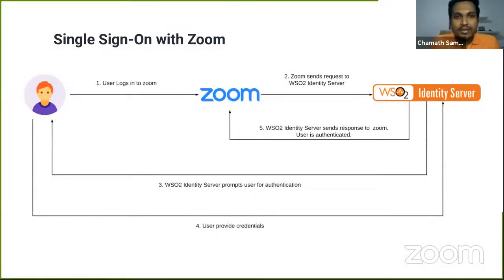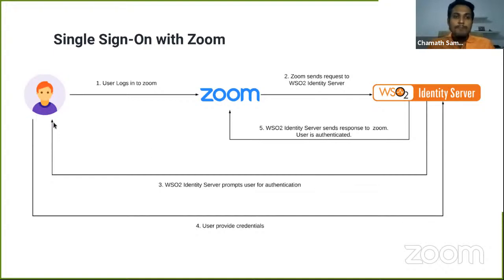This would be the basic flow of authentication when the user tries to log into Zoom when you have configured single sign-on. First, the user would log into Zoom in their browser, and then Zoom would send an authentication request to the identity provider. Now, the identity provider in this third step would prompt the user for authentication, and upon successful authentication, would also ask the user for his or her consent to share some of the user's attributes.